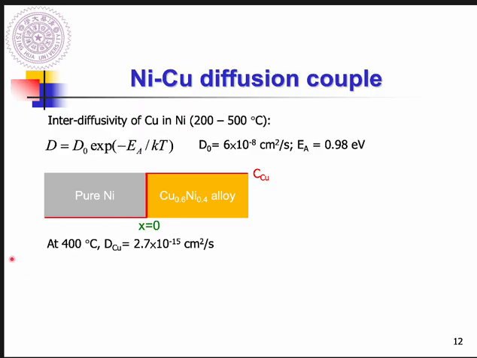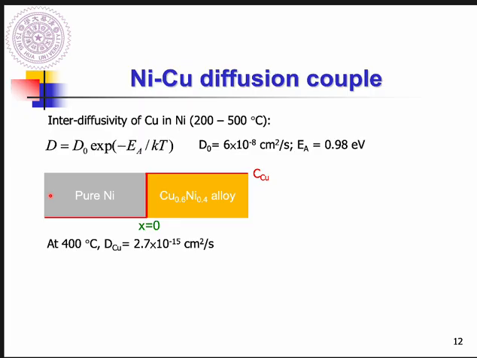But I hope that you can write something down here. We assume the thickness of this diffusion couple is long enough, allowing the concentration at the right-hand side of this diffusion couple to remain constant, and also at this end.